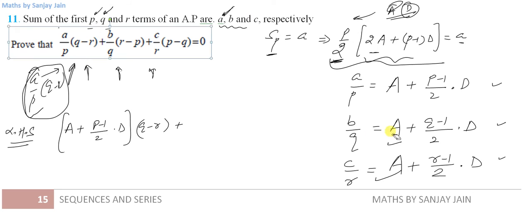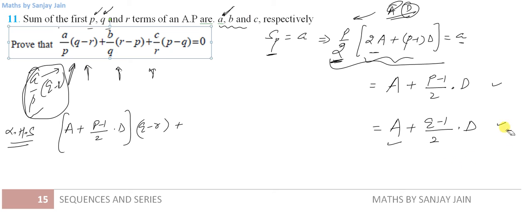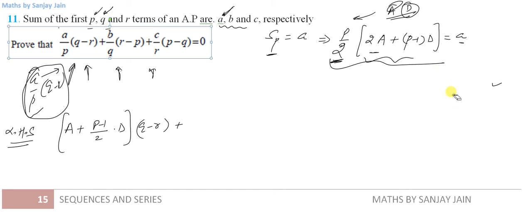Let me make some space here. Once I replace these, you will notice that these will get cancelled out everywhere and the sum will come out to be 0. This is what we need to prove.